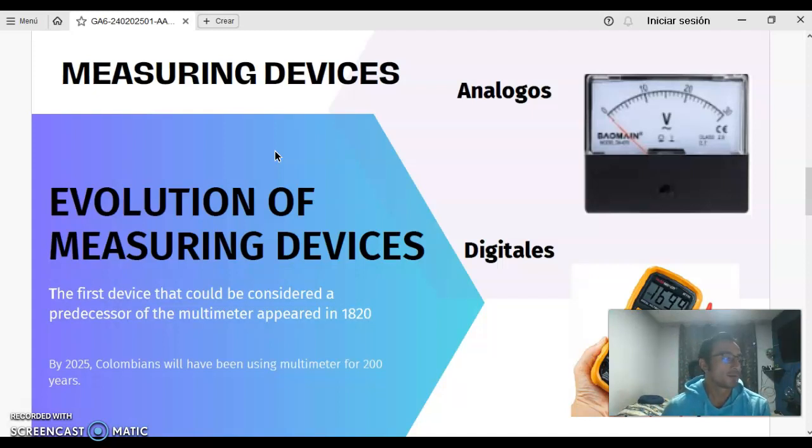Another example is that by 2025, Colombians will have been using the multimeter for 200 years. We can see the analog instruments, and after, actually, this is a digital device.